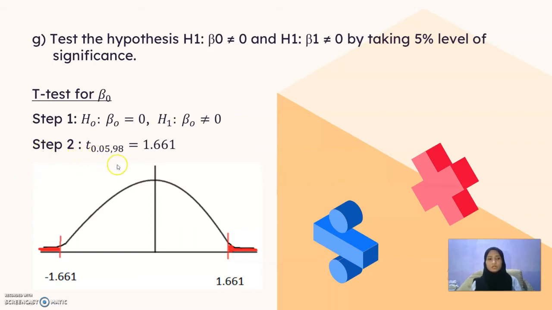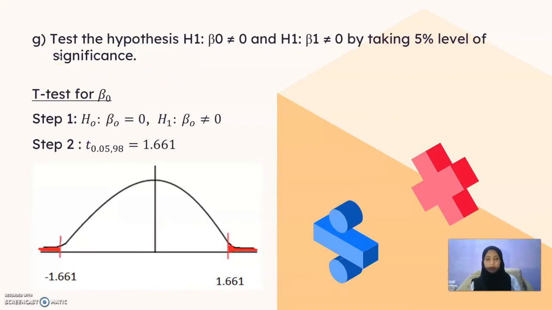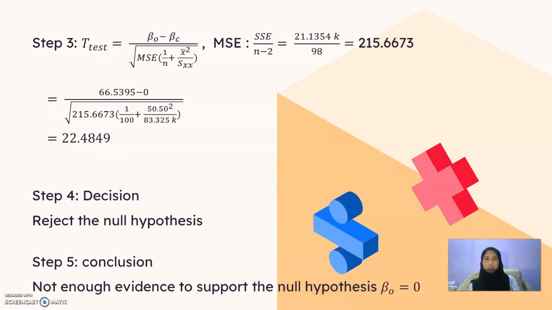Step 2. We need to do a t-test. We get it from the table, and we also know the graph is two-tailed, and the answer is 1.661. Then step 3, the t-test. This is the formula that we use for the t-test for beta 0.